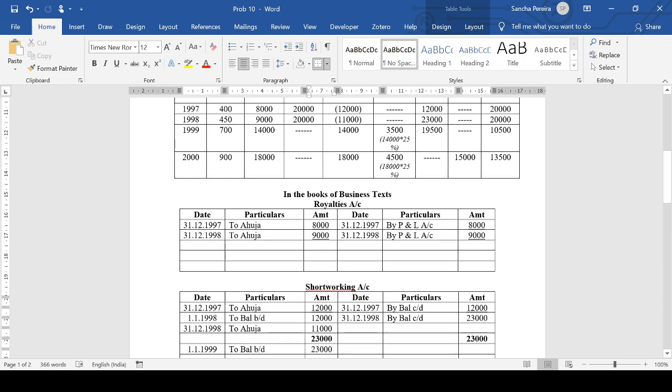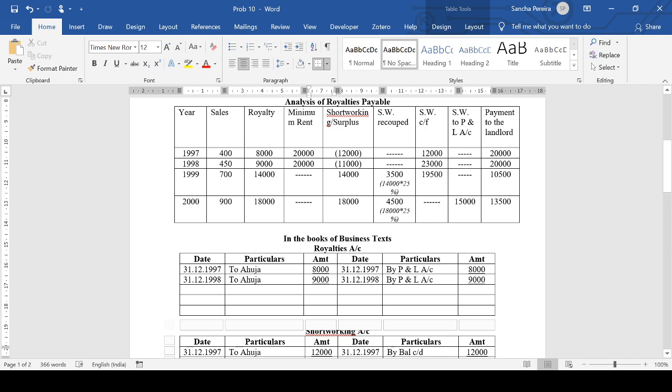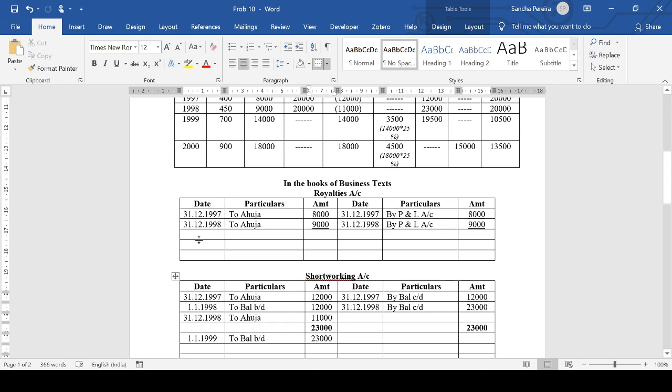Now in the third year, our situation changes where there is no minimum rent and therefore the royalty is more than the minimum rent. So when we have a situation like this, we do the second set of entries. There's no short working. So the entry is royalty account debit to landlord account. Otherwise, it's royalty account debit, short working account debit to landlord. But since there's no short working, it's only to landlord account.